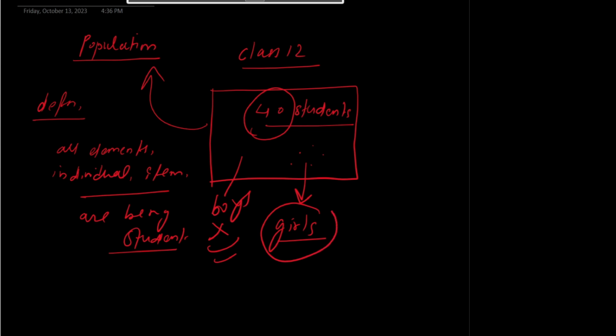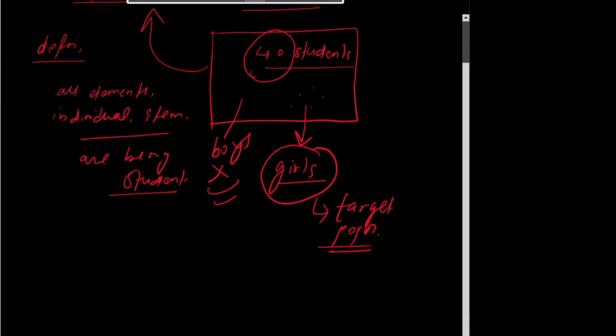So here the girls are our main population under study. So in these cases, the population that is being studied is considered as the target population. Okay, very simple. Now let's come to the sample.